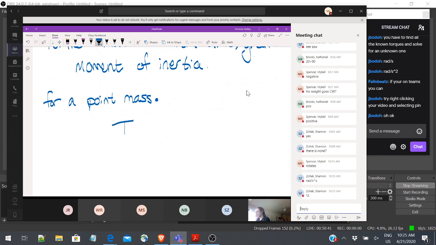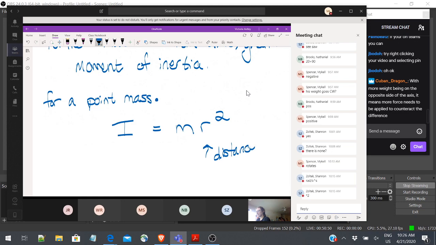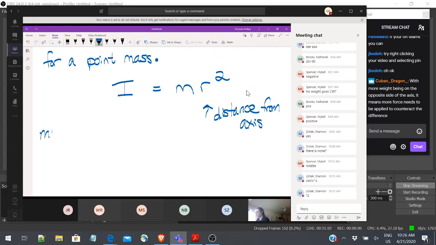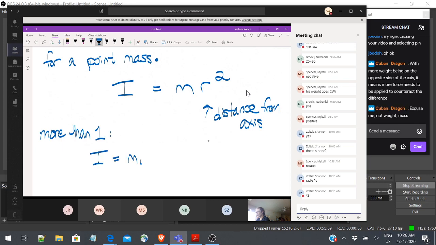Your moment of inertia is the mass times the distance. This is not the radius of a circle. This is the distance from the axis, squared. If you have more than one, your moment of inertia is m r squared for each of them.